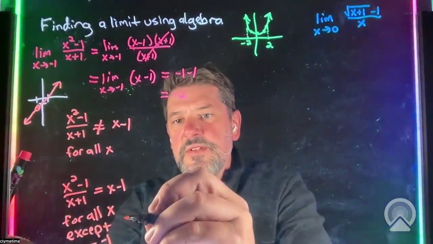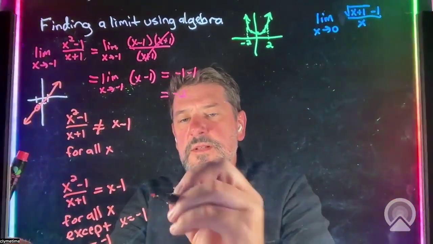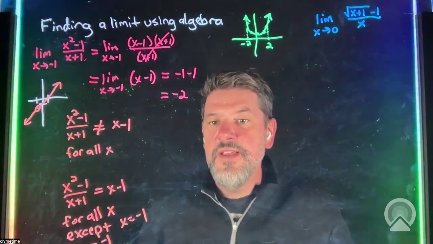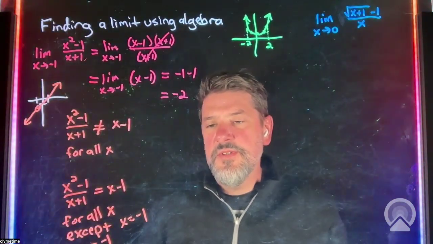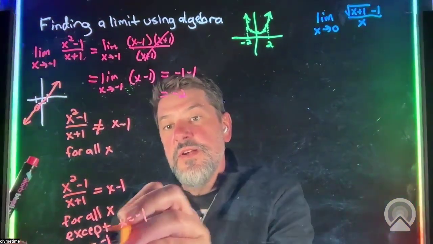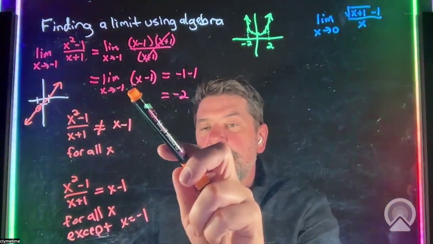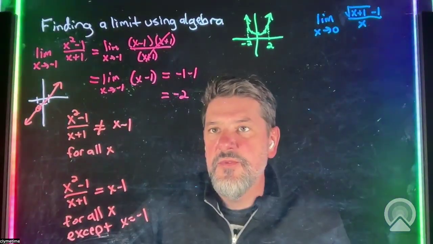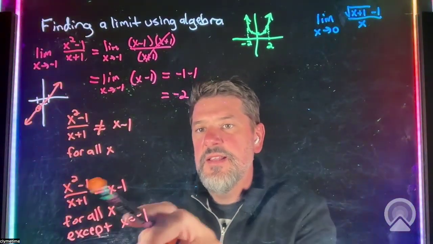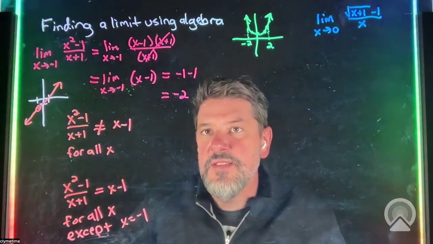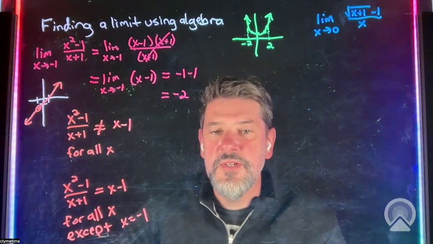Okay, it looks like it's going off the screen a little bit. I'll write it over here. All right, so it's true for all values of x except x is equal to -1. So because we don't care about the function value at -1 when we're finding a limit, that allows us to reduce and then plug in. So reducing and plugging in works.